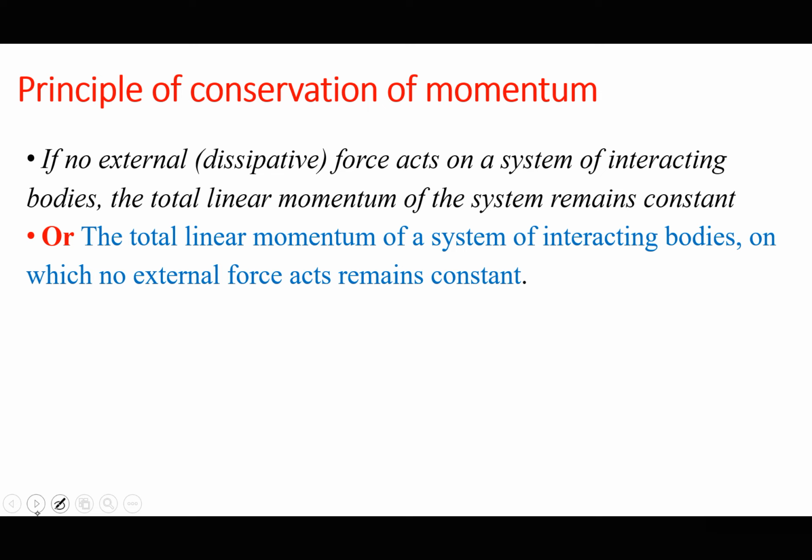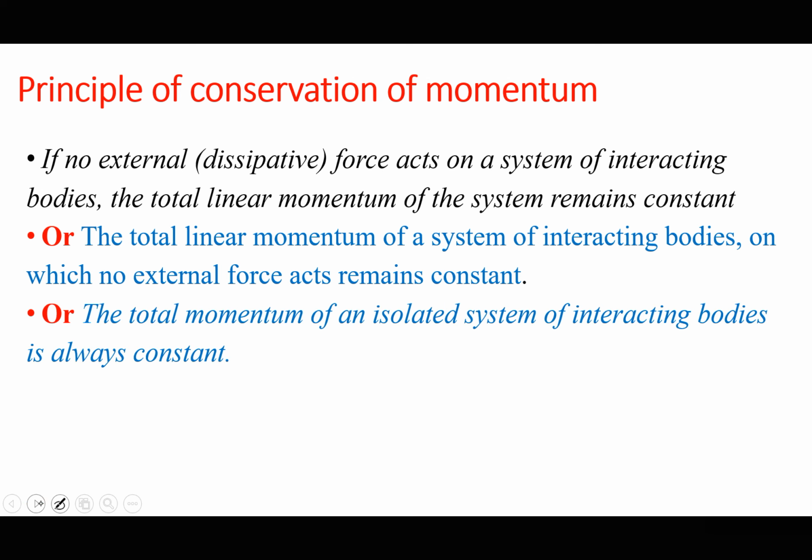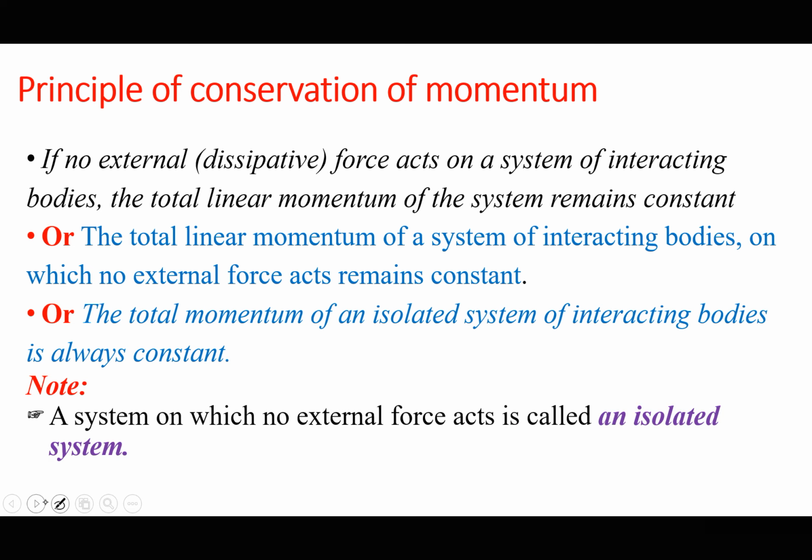Or you can simply say that the total momentum of an isolated system of interacting bodies is always constant. When I say isolated system, it means there are no external forces acting. There is no resultant force acting on the system. So that is called an isolated or a closed system. I want you to note that a closed system or an isolated system is a system on which no external force is acting.